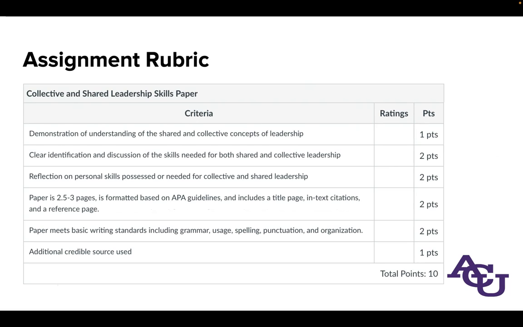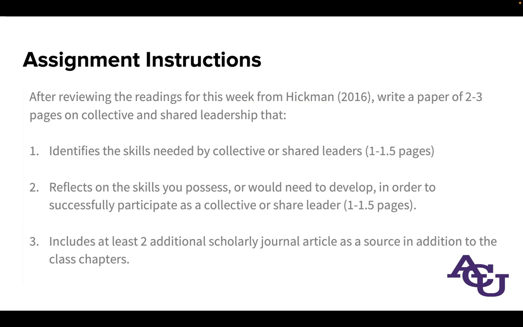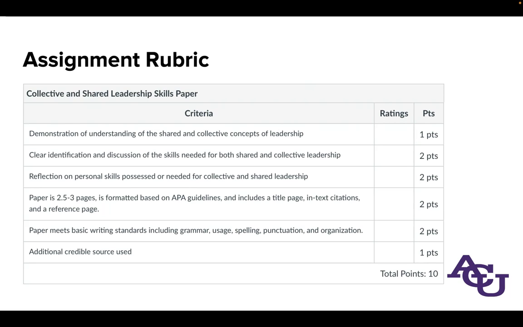And if we look at the breakdown in the rubric, we have demonstration of understanding of the shared and collective concepts of leadership, and separately, clear identification and discussion of the skills needed for both, and then a reflection on personal skills. So what's 2 items in the instructions, 1 and 2, is 3 separate items on the rubric.